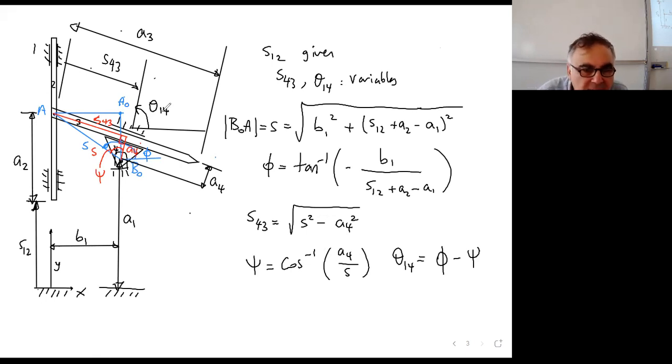Okay, theta 1,4 therefore can be determined. So what were we looking for? We were looking for S43 and theta 1,4. So these are the unknowns we needed to find. Okay, and they can be found from the geometry rather in a straightforward manner. It's not too difficult. You just use some triangle relationships as you see.